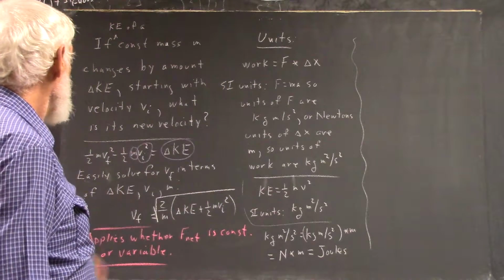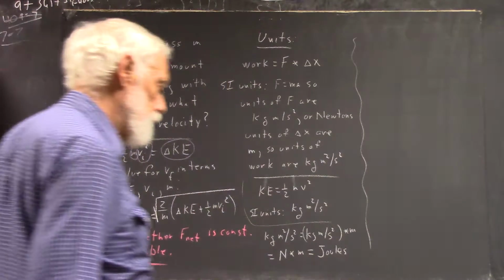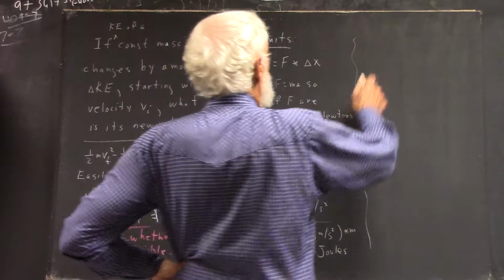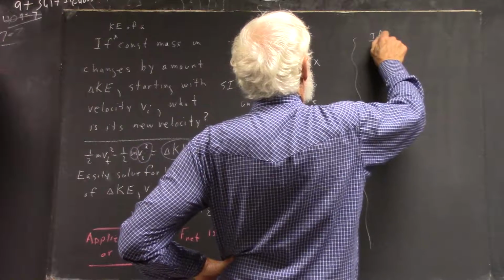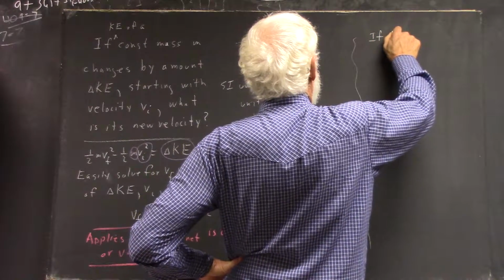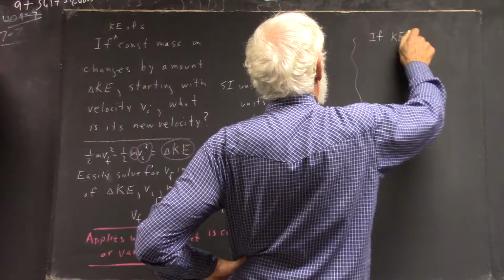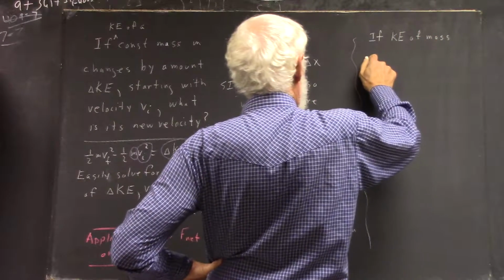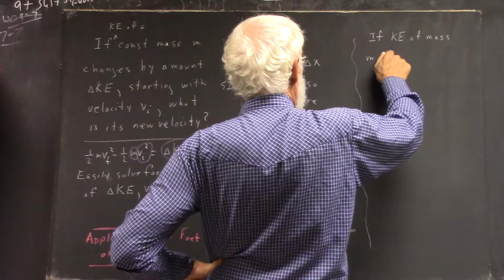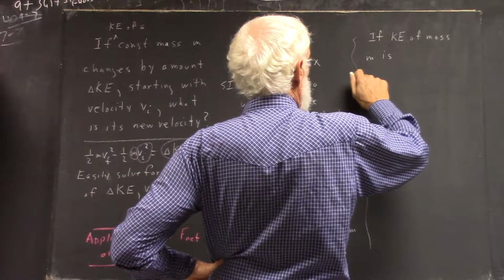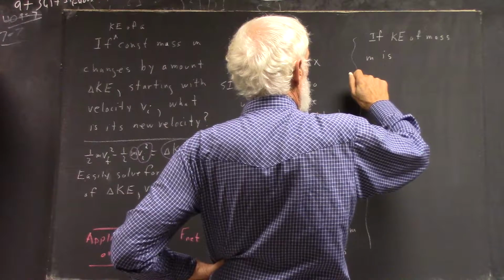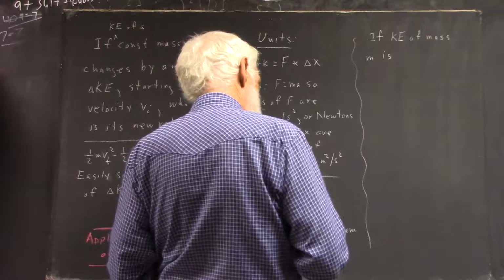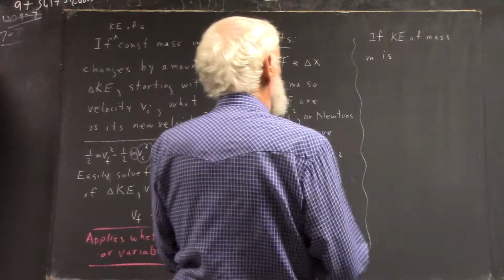Okay, so let's go ahead and look at a specific case. And let's just say, take a very simple case. First of all, if the kinetic energy of a mass m is... that's a clumsy statement.